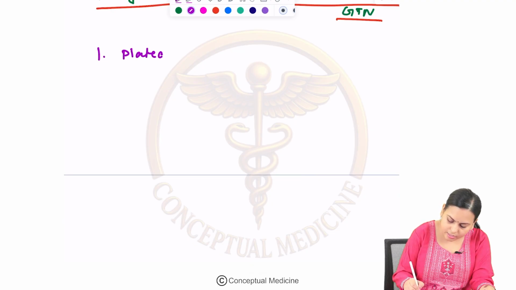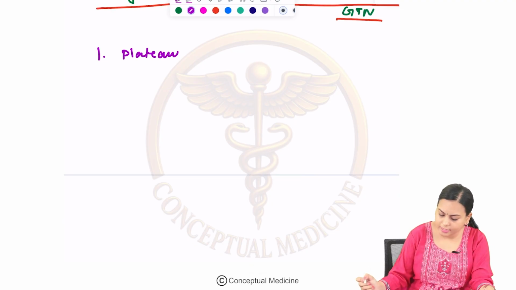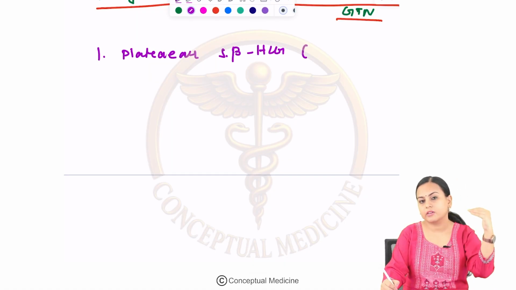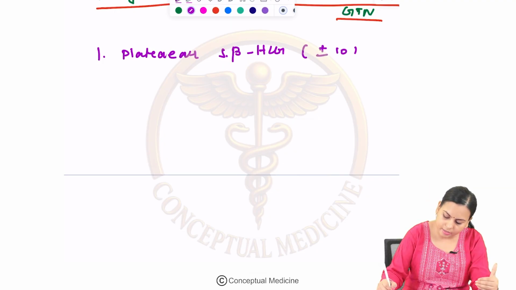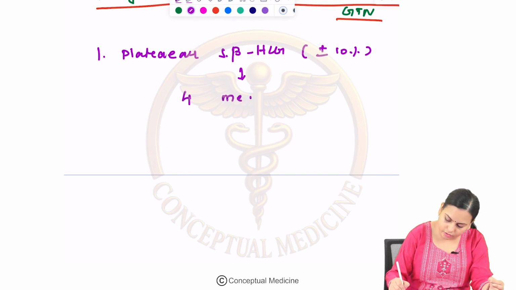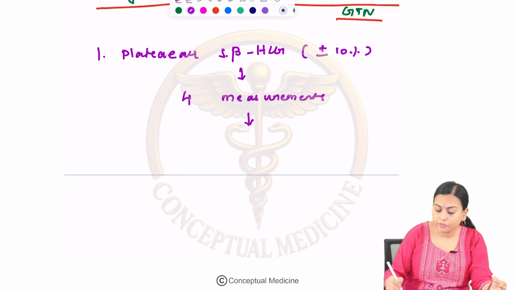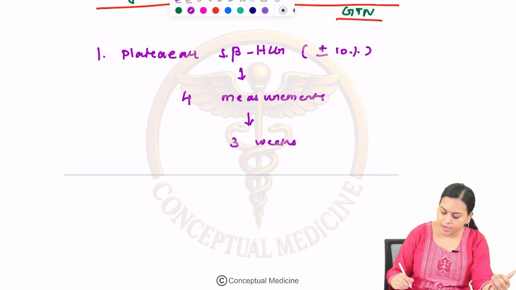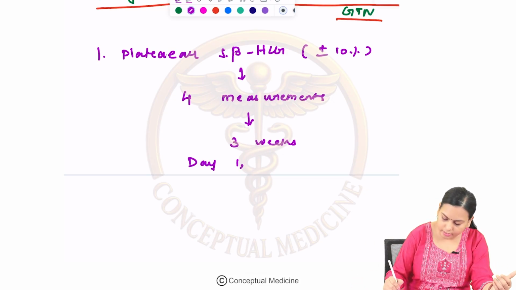if you see the levels of β-hCG are in a plateau, that is, there is either rise or fall of only 10% for 4 measurements taken during a period of 3 weeks or longer, especially on days 1, 7, 14, 21 you are measuring.